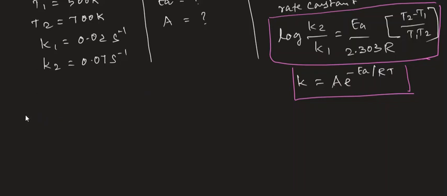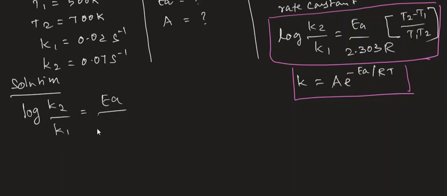So let us rewrite this. This is the solution. Log K2 by K1 is equal to Ea divided by 2.303 into R into T2 minus T1 divided by T1 T2.